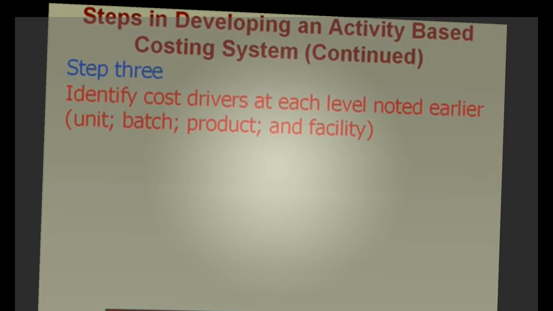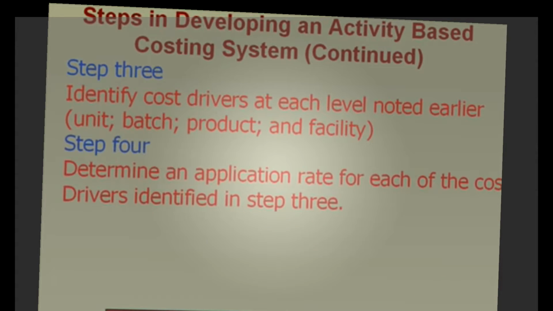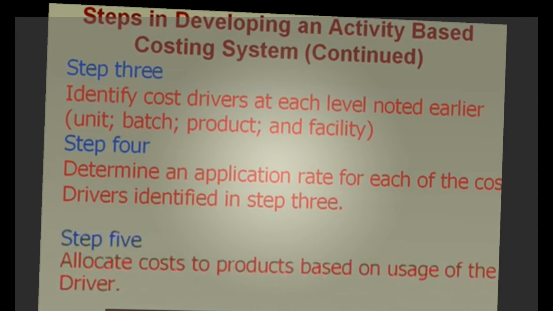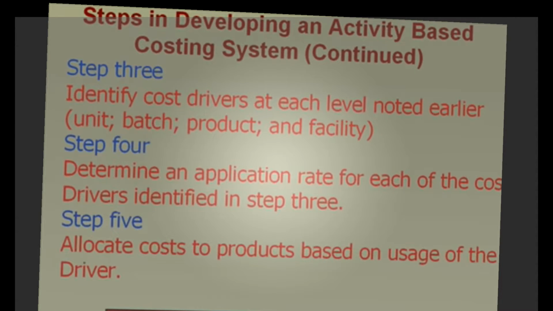At each level, what's the cost driver? Step 4. Determine an application rate for each of the cost drivers identified in step 3. Step 5. Allocate costs to products based on usage of the cost driver.